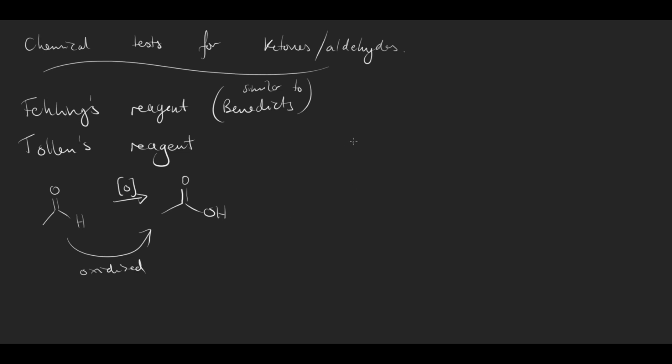Well, if you remember the nice little acronym OIL RIG. Oxidation is loss, and I always put at the end in brackets of electrons. And then the other side is RIG, which is very simply reduction is a gain, and again I put in brackets of electrons.